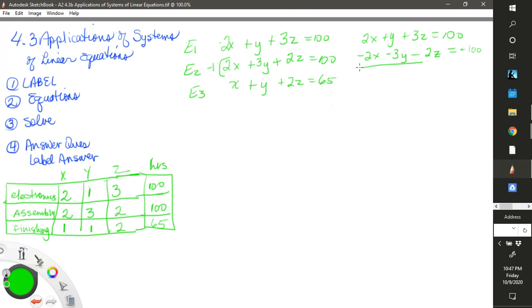When we pair up E1 and E2, the x's cancel, and we get negative 2y plus z equals 0, and that is our E4.